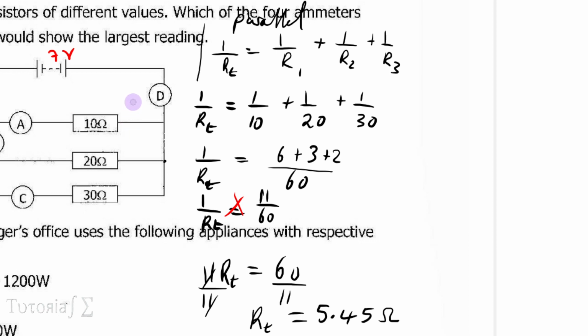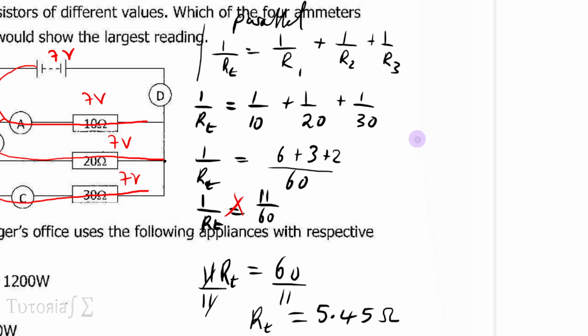So when the voltage comes here, the voltage going through this resistor will be the same as the voltage going through that resistor, and the same as the voltage going through that resistor. So 7 volts is going here, 7 volts there, and 7 volts there. So for parallel, the voltage across each resistor is the same.